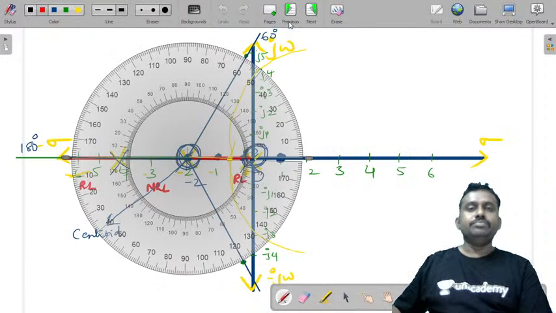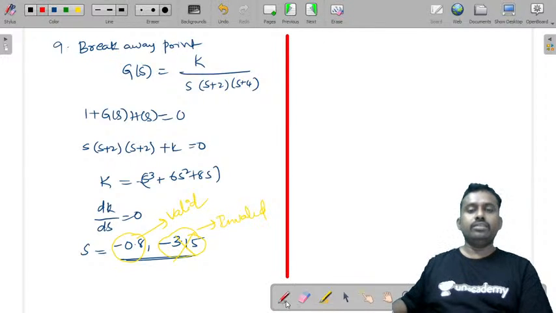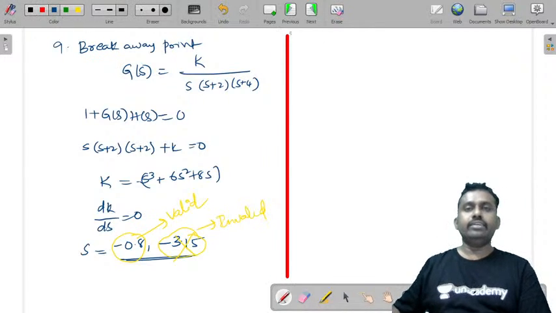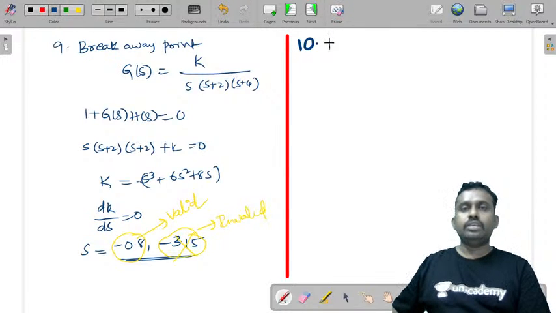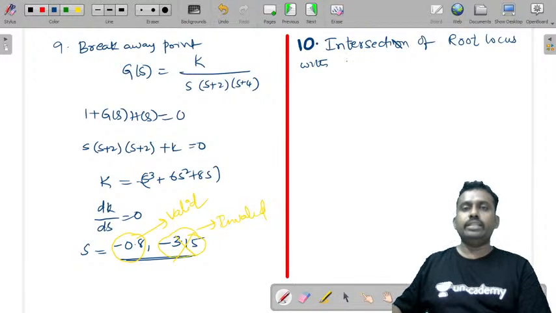So this was about the breakaway point, and now we need to find the intersection of the root locus with the j omega axis.